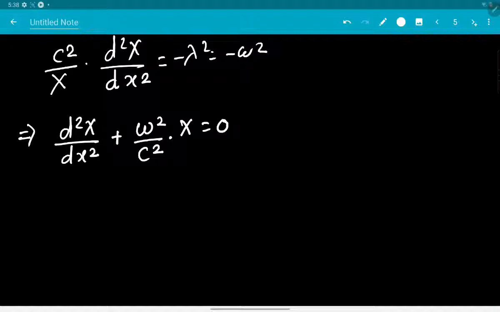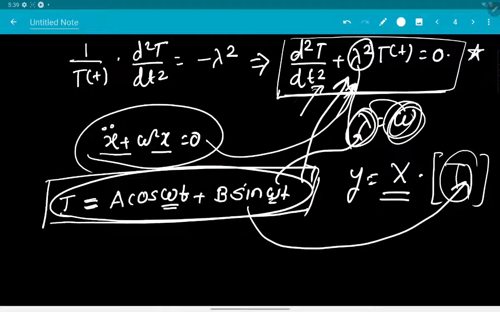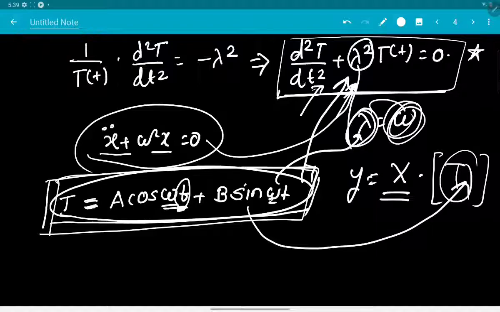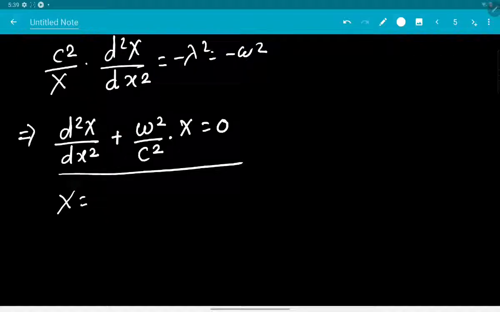We now know that this is again of the same form, and hence we can find capital X, which is going to depend on small x. This was capital T, which was a function of time, and now we are going to find capital X, which is a function of the space variable. Capital X is going to come out something like this.